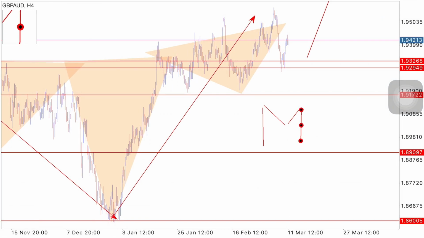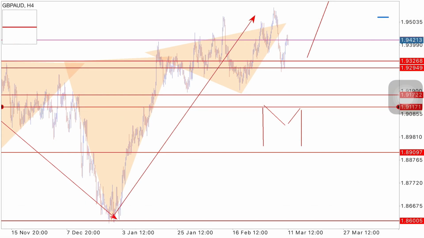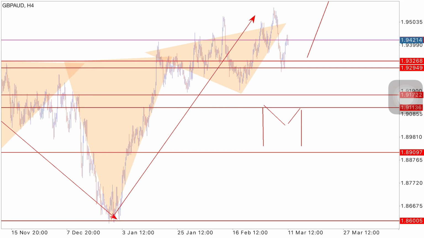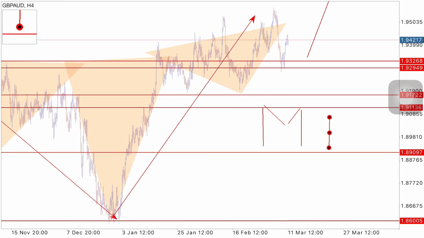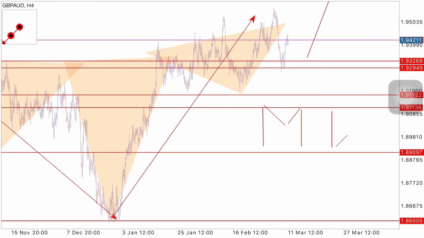It should be something of this manner to indicate a double top. And for a double bottom, it has to have this type of formation, which is just an inverse of our M type formation.